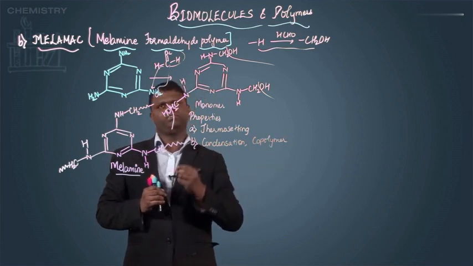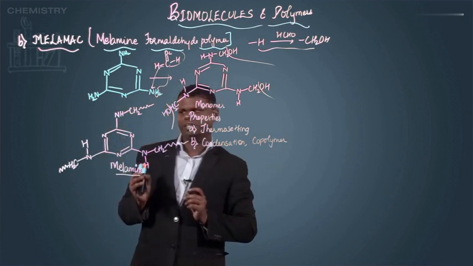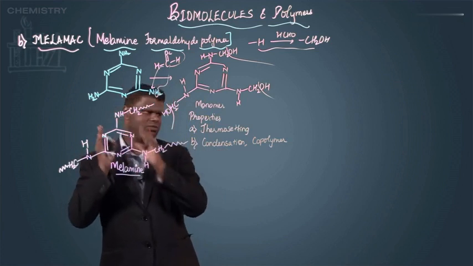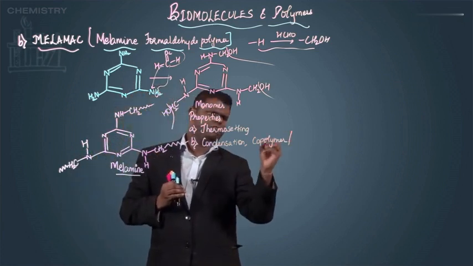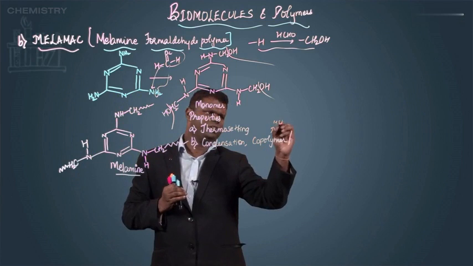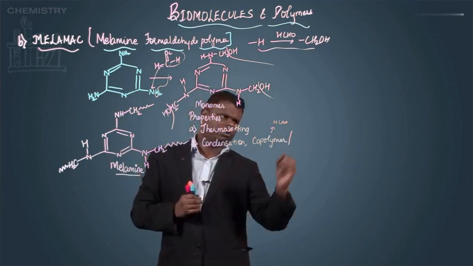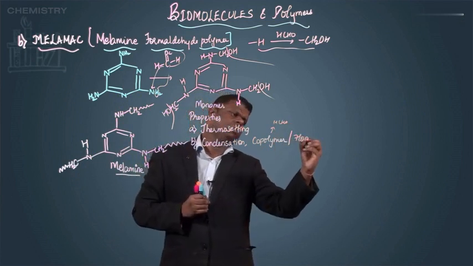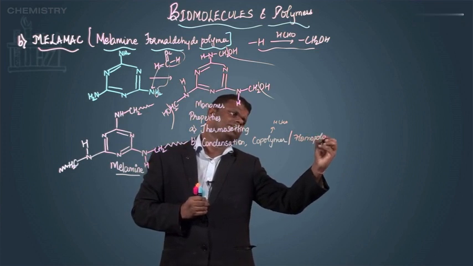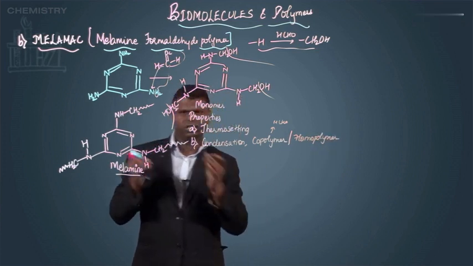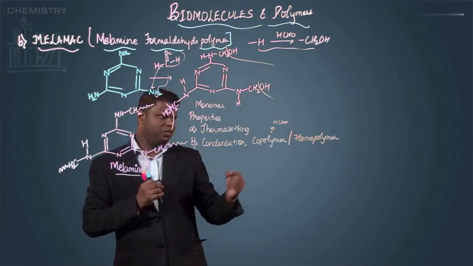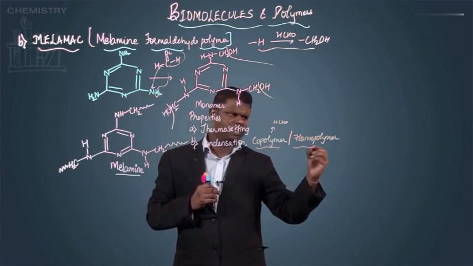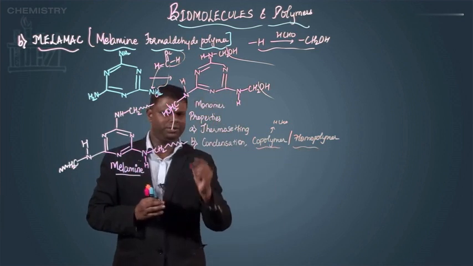It could be a copolymer if you consider HCHO as one of the units, but you could also say that it is some sort of homopolymer, because it condenses with molecules of its own type. So it is better not to classify it in terms of the number of monomeric units.